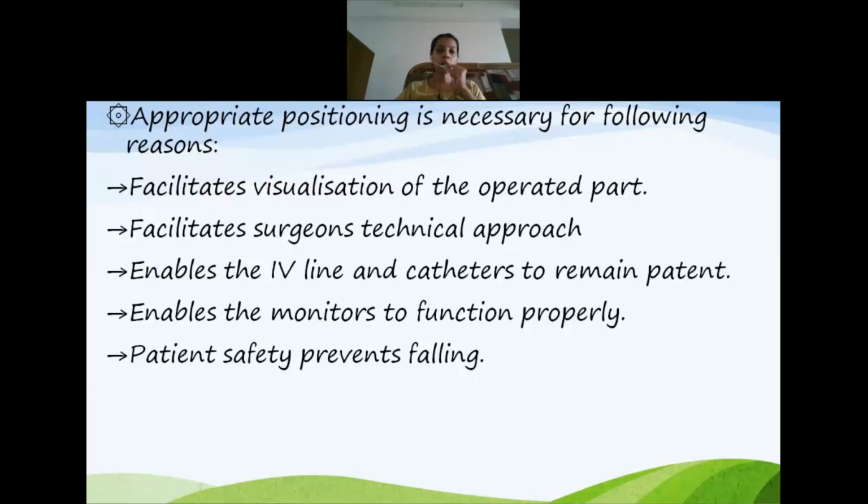It also helps to maintain the patency of IV lines or catheters. It helps the monitors to function properly. It provides comfort to the patient. It prevents the patient from any sorts of injuries, especially falls. So this is why we maintain the proper positioning for the patient.